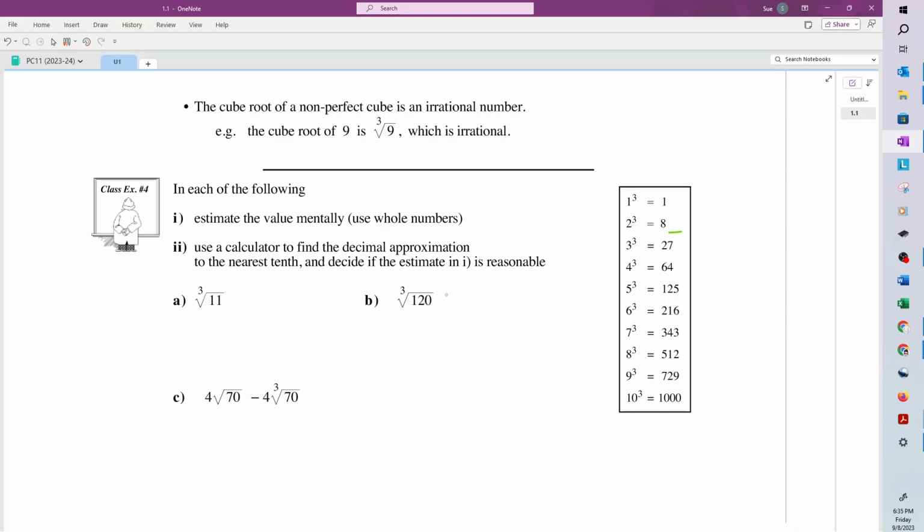It's closer to 8, so that would be approximately 2. And if I use my calculator, I get 2.2. The cube root of 120 would be somewhere close to 5. We would expect it to be a little bit less than 5, and my calculator tells me it's 4.9.